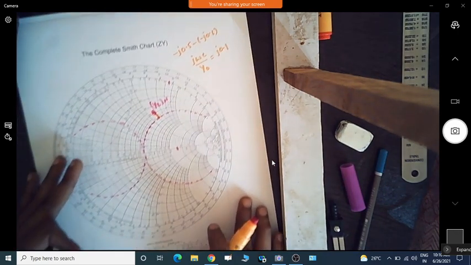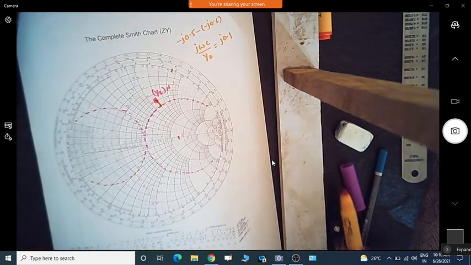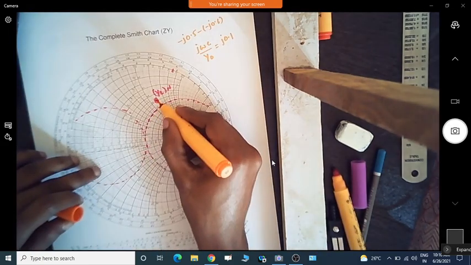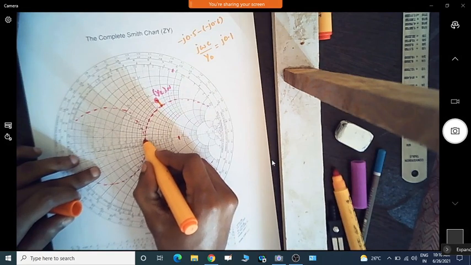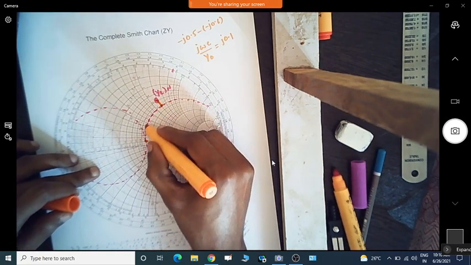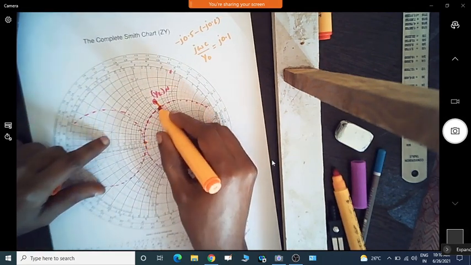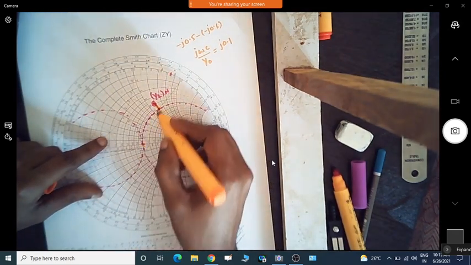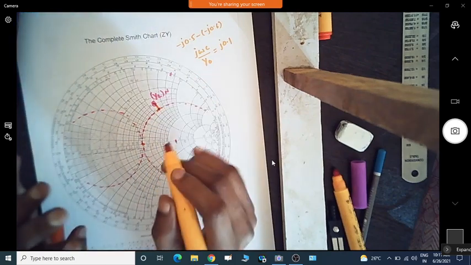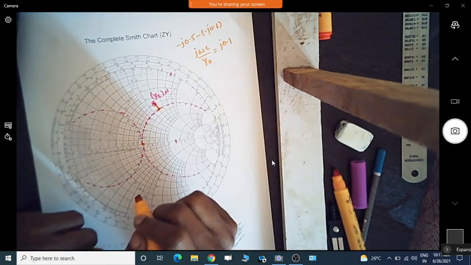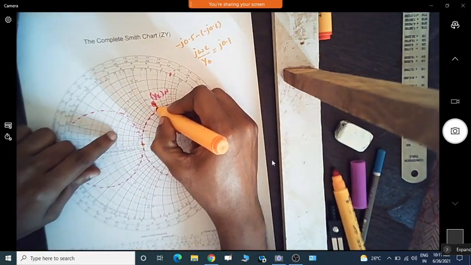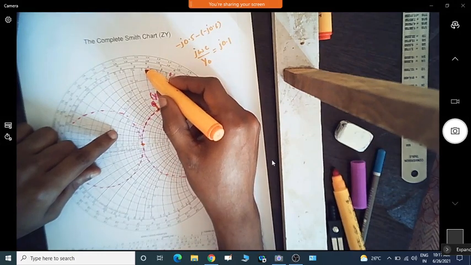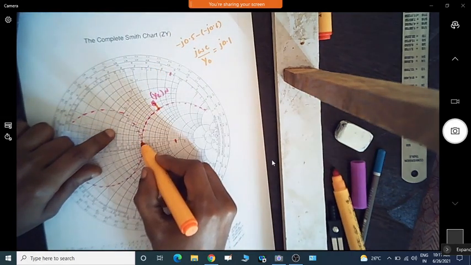Now from this point to the center point I am moving. Since I am moving on the resistance circle downwards, it is a series capacitance. Now see what reactance is offered by the series capacitance. At this point the reactance is 1.2, and at this point it is 0.